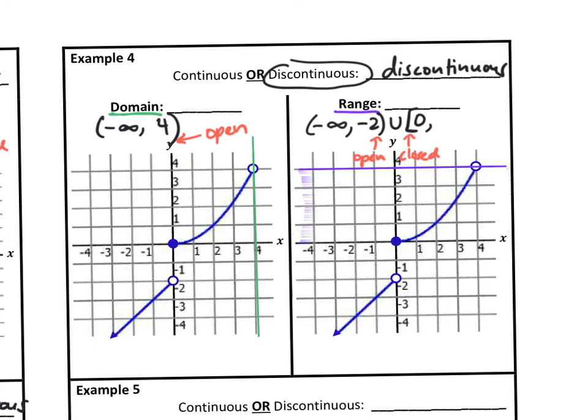It looks like it ends at 1, 2, 3, 4. It ends at 4. And it's open at 4, so I'm going to put parentheses. And I'm going to put a note for myself that I put parentheses because it's open. Okay.